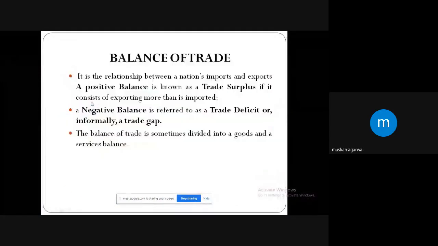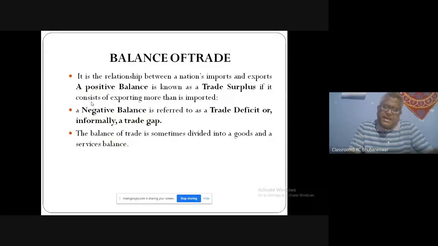Yes, sir. And the balance of trade is a relation between a nation's imports and exports. So on this background, I will discuss the different countries and different trade blocs in relation to the balance of trade.